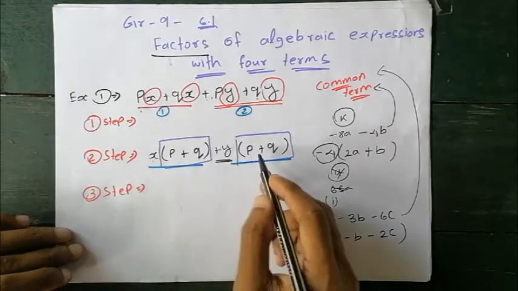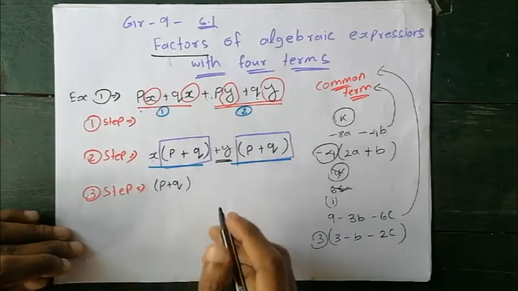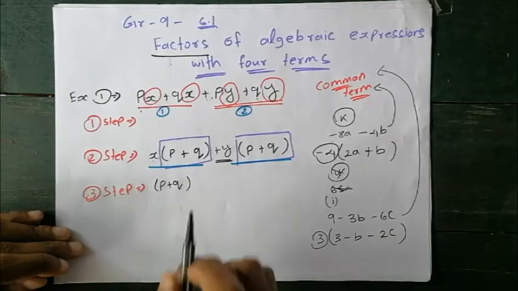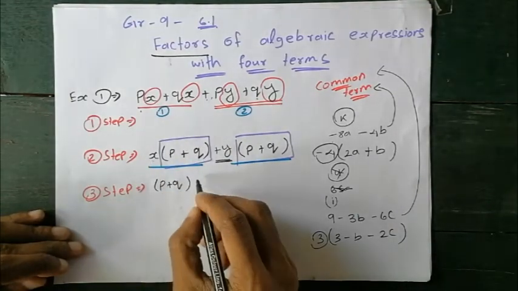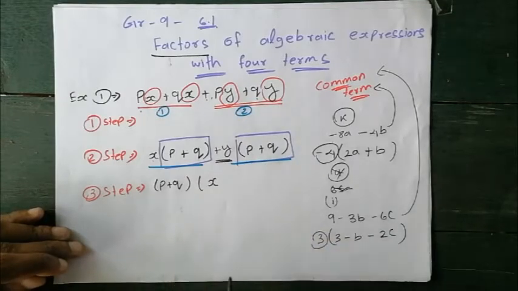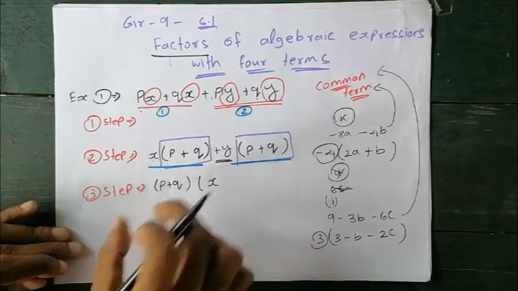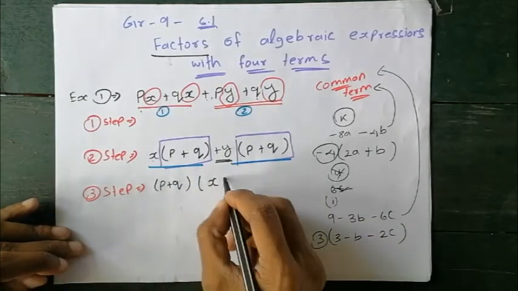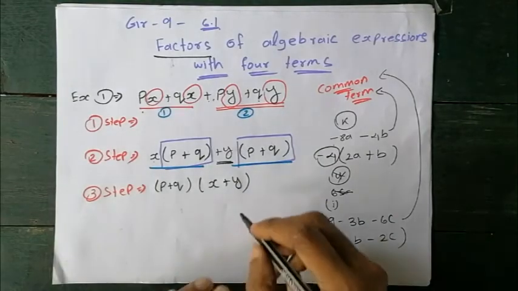So p plus q we have common, so we take the bracket p plus q. If you take p plus q from the first pair, the remaining is x. From the other pair, if we take out the p plus q, the remaining is plus y. So that is the final step.